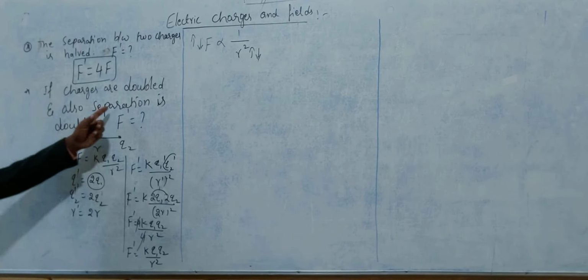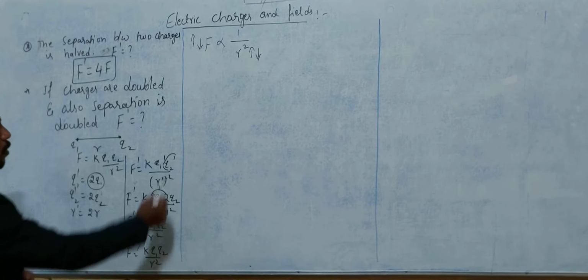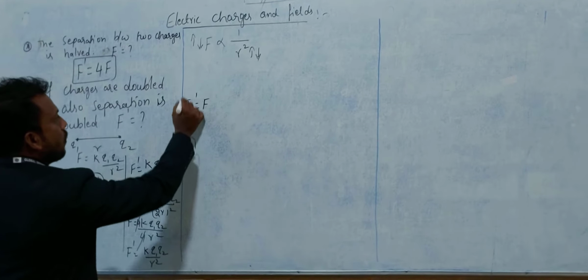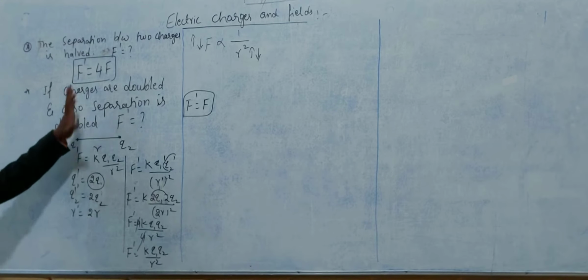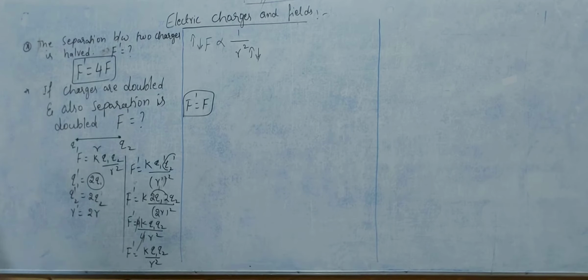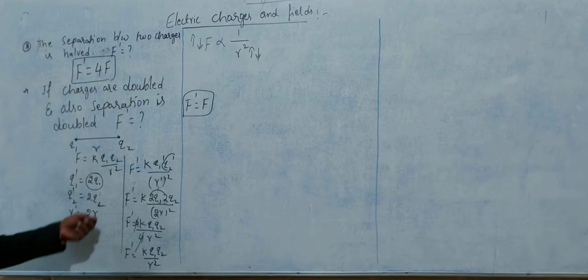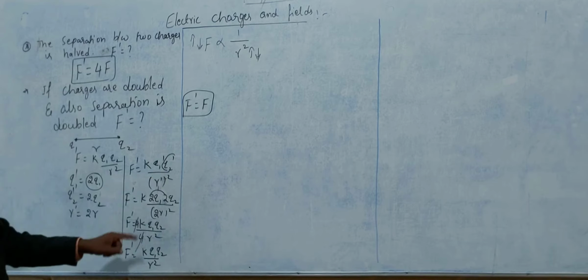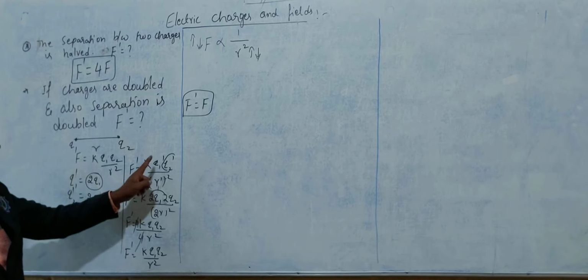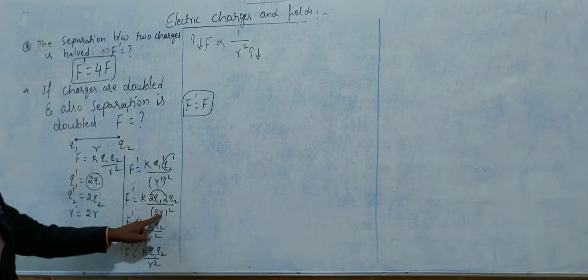If the separation is doubled and the charges are doubled, the force F dash is equal to how much? F dash is equal to F itself. Clear? Listen carefully. If the charges are doubled and the separation is doubled, then F dash is equal to k times 2q1 into 2q2 divided by 2r square.